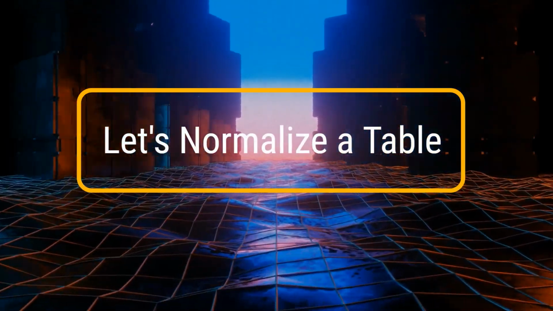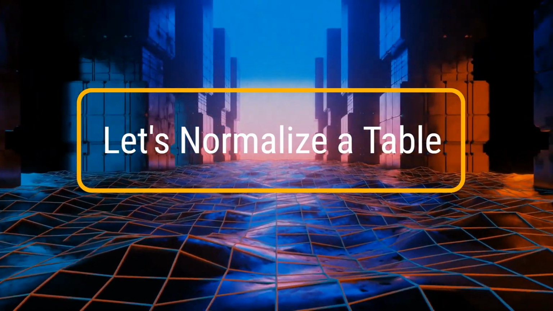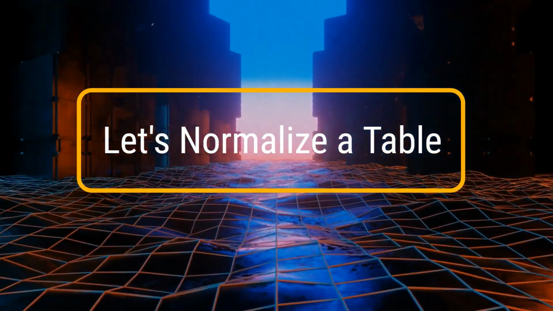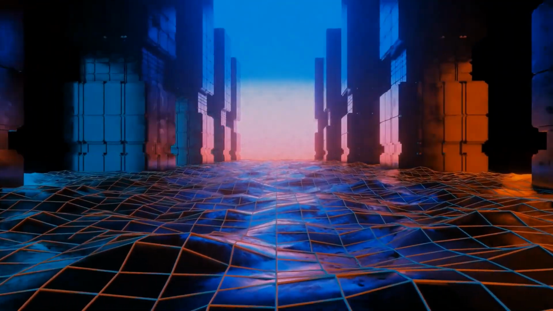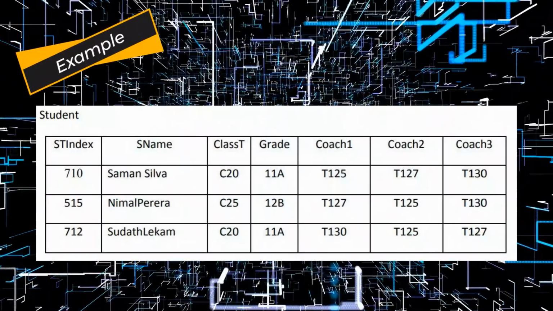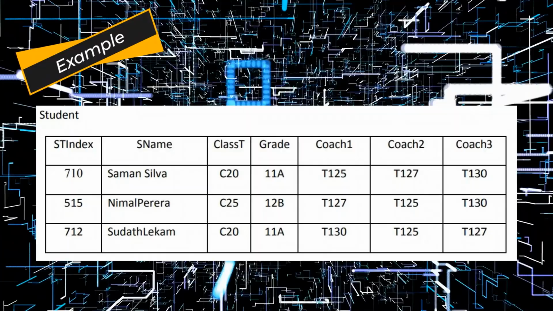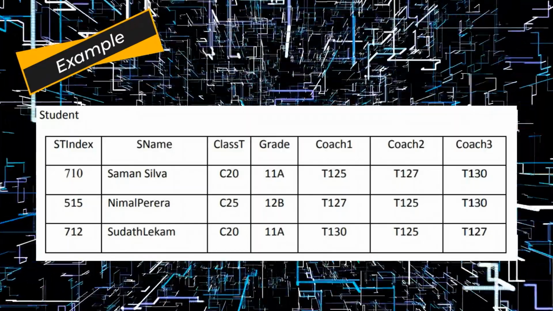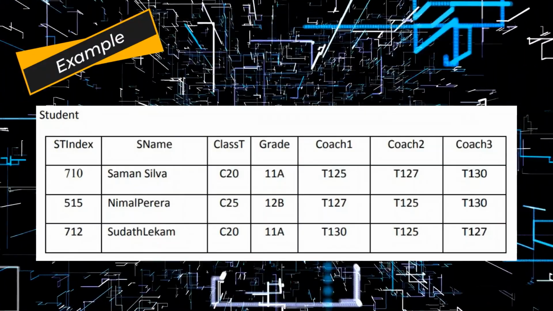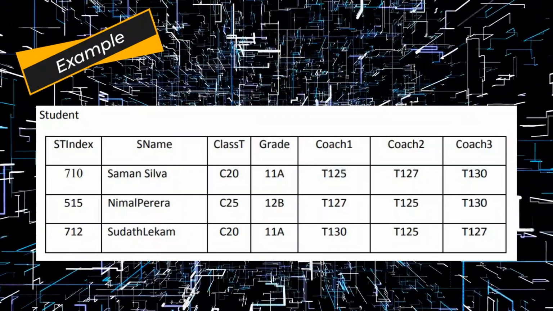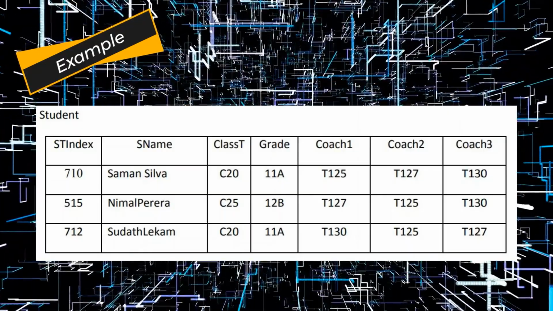Let's normalize a table according to the rules which we have discussed now. In this picture, you can see a student table including the fields ST index, S name, class T, grade, coach 1, coach 2, and coach 3 with some data.